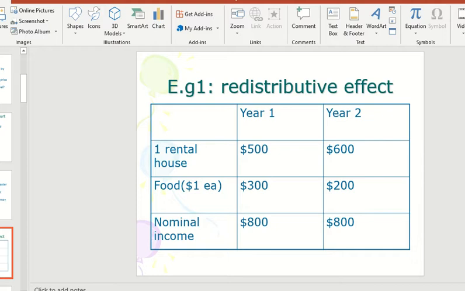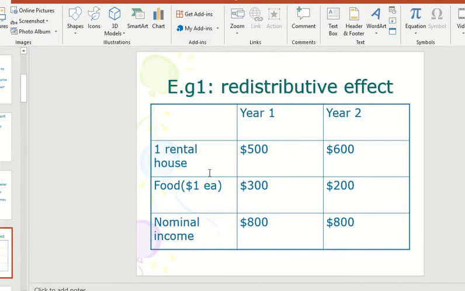Okay, house that we live in and food. We're looking at a representative individual. Representative individual means that this individual resembles a majority of the individuals in this economy.